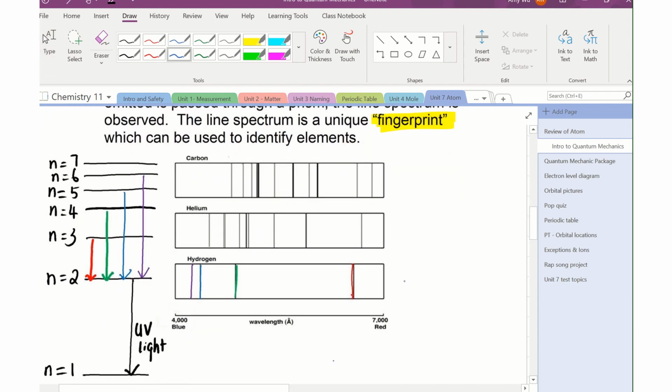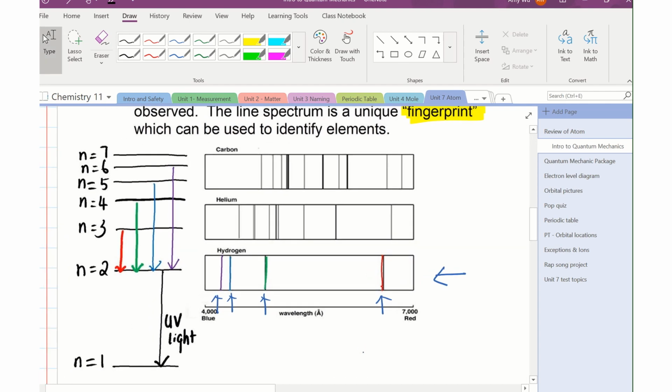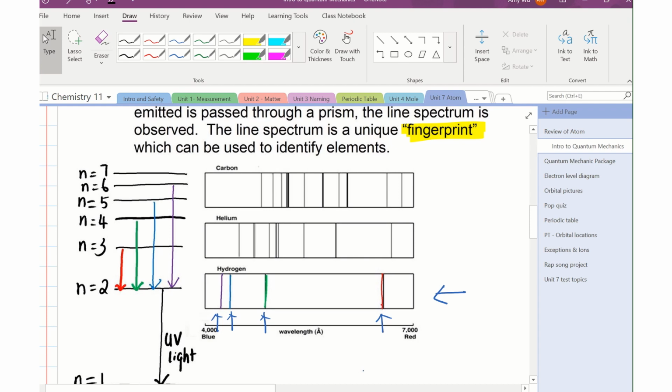So for example, for hydrogen, how we find out that a star is made up of mostly hydrogen is when we see all these distinctive lines of hydrogen gas. We'll see a distinctive red, green, blue, and purple right here. This is observed when electrons get excited and jump from one level to another, and when the electron emits the energy, it goes back to a lower energy level.